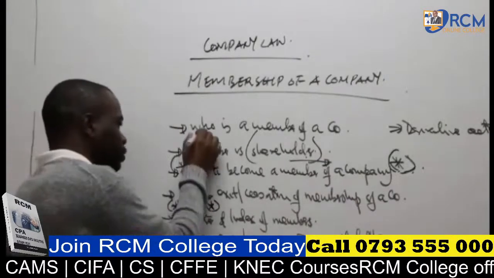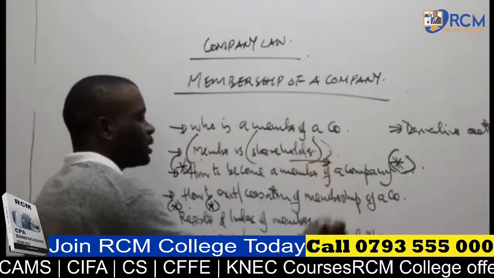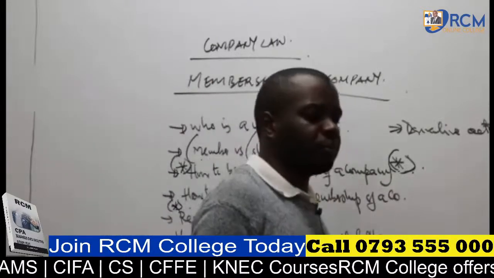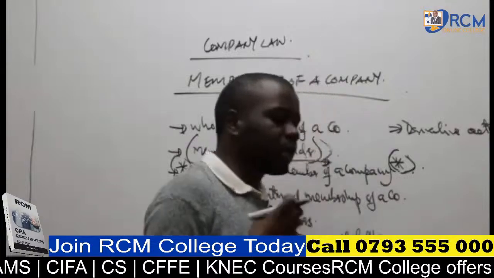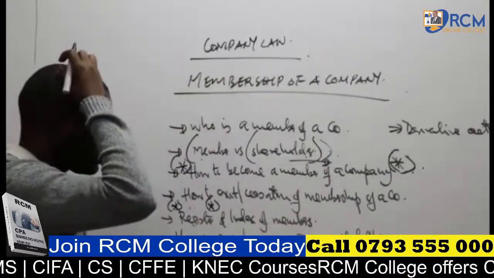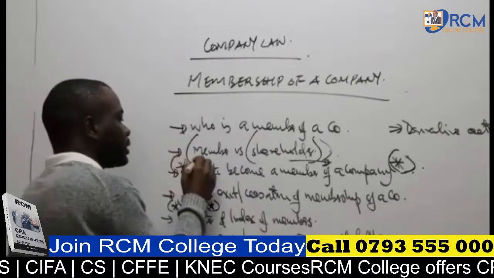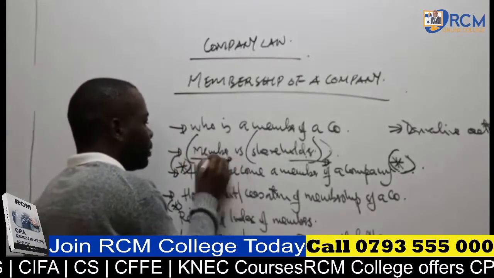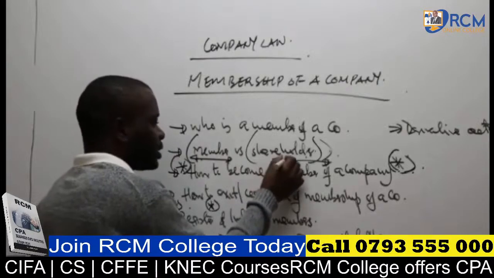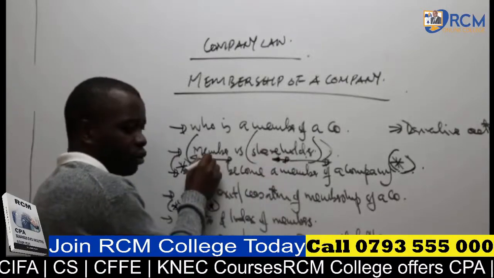So having mentioned that these two terms are usually used interchangeably, and that when you buy shares in a company you'll become a member, you must realize that under certain special circumstances, sometimes a person can be only a member of the company and not a shareholder, or sometimes he can be just a shareholder and not a member of the company.